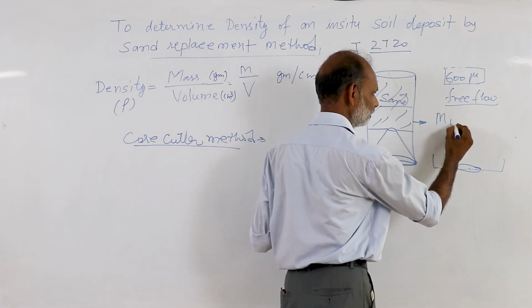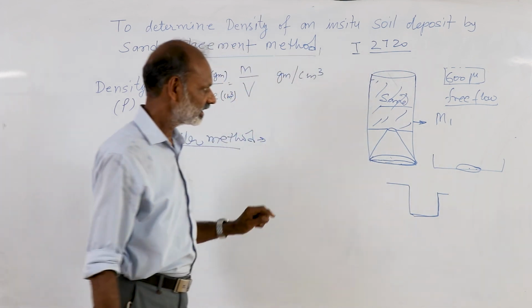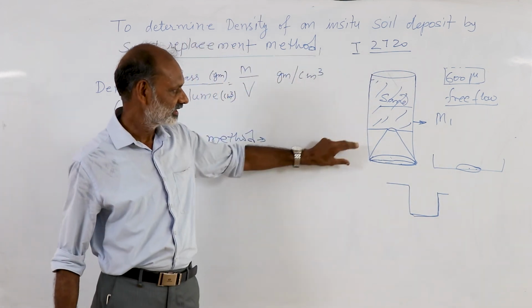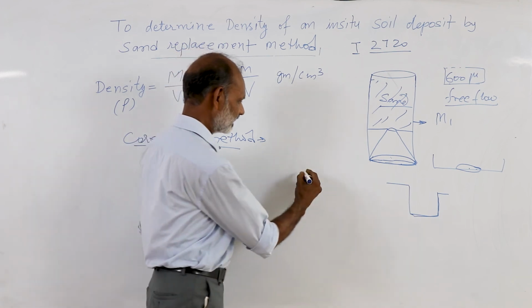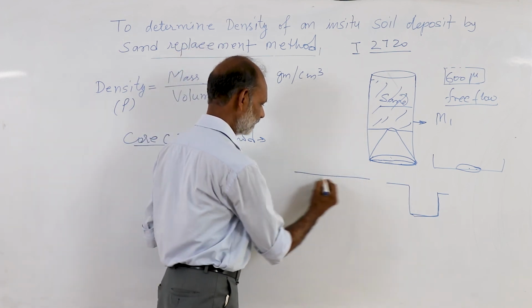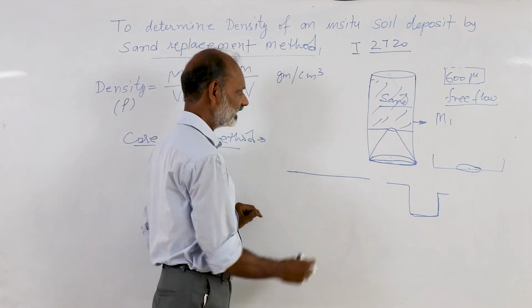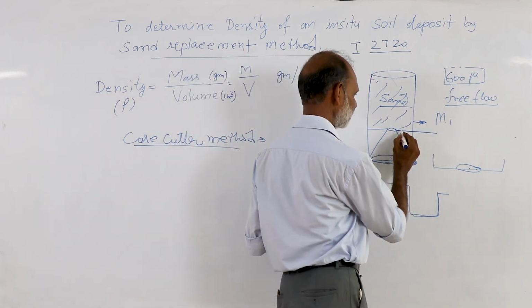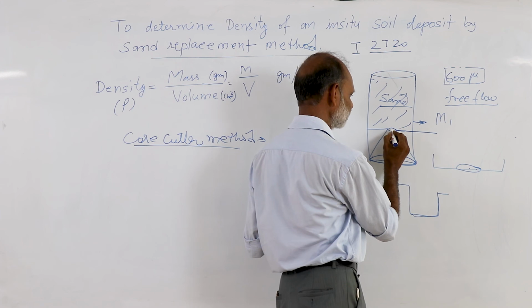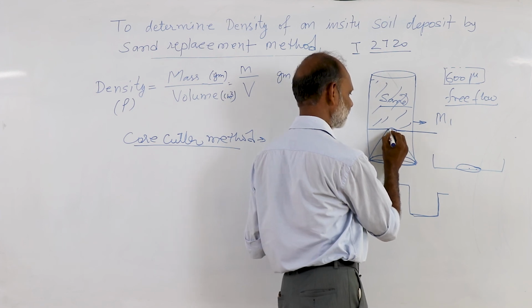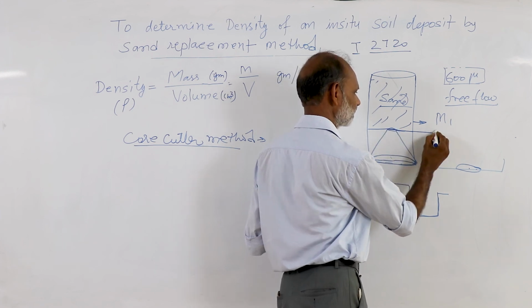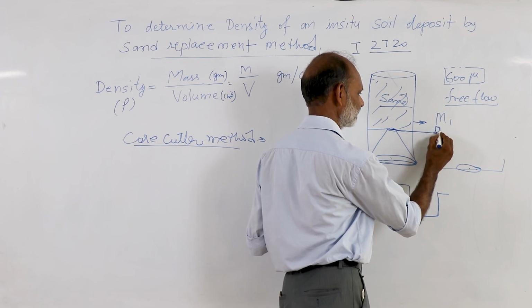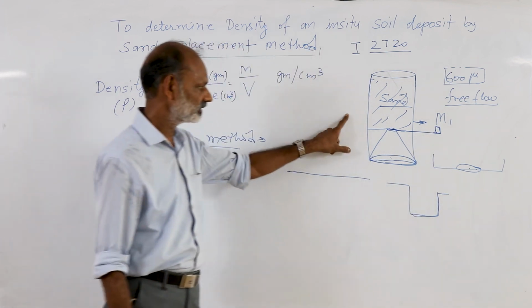Suppose this is M1. Now we put the pouring cylinder on a plain glass plate. One shutter remains here, which can just move to close this hole of the cone or open this hole with the help of this lever. This arrangement is there in the pouring cylinder.